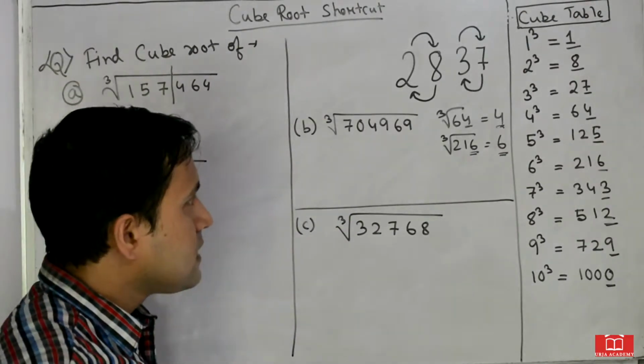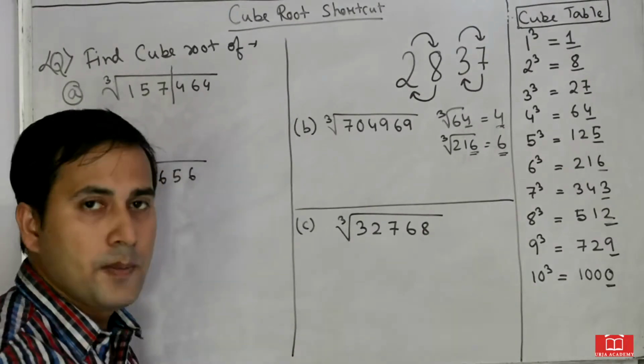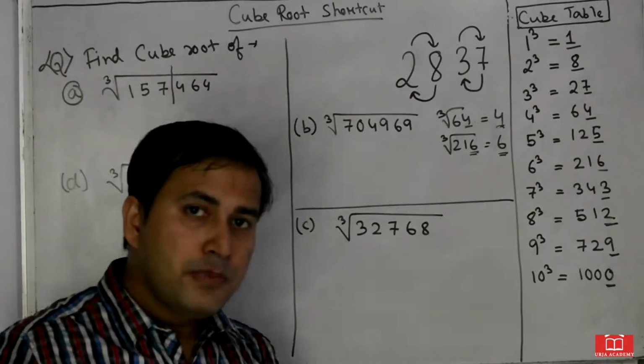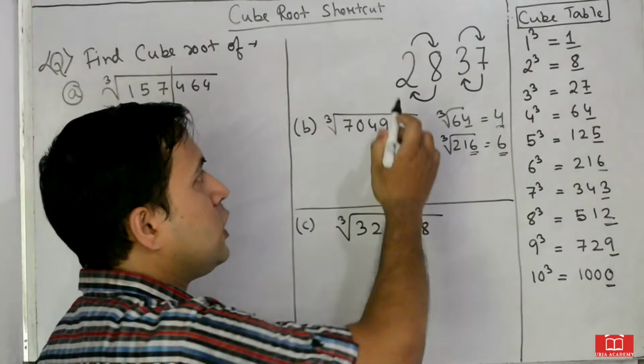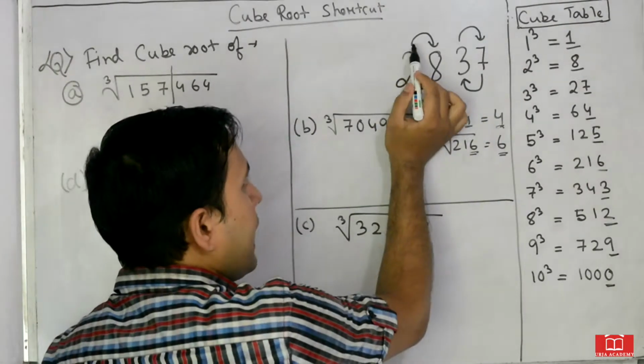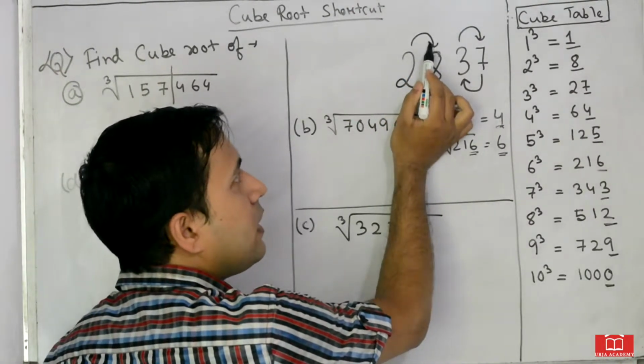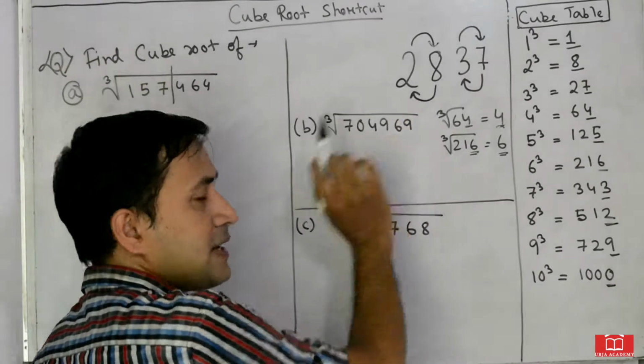Now for this, we need to remember just one number. The number that we need to remember is 2837. If the ending digit of the cube is 2, we get the last digit of the answer as 8.